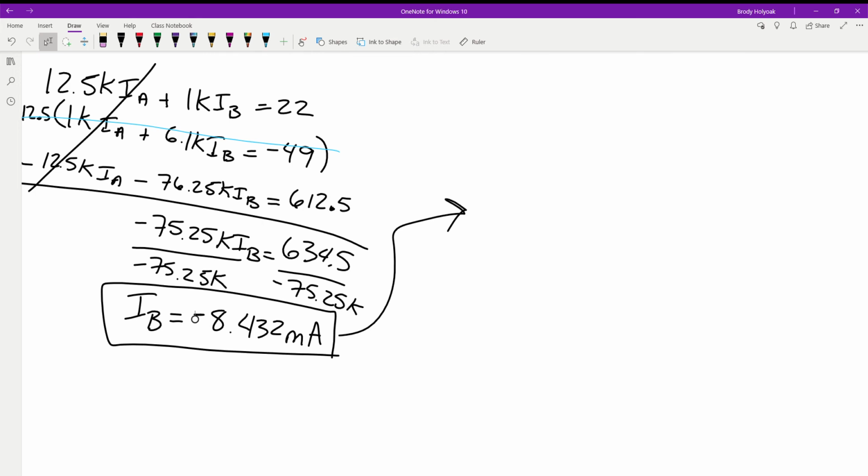Okay? So we have 1K IA plus 6.1K IB, which is what we're going to plug in for. And the IB current we had was negative 8.432 milli.